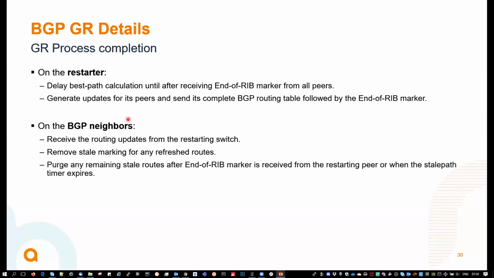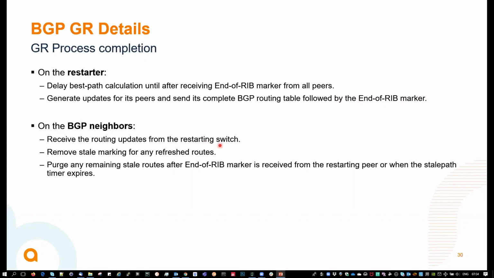So, process completion, we already discussed a bit of that. The restarter has to reestablish all the BGP sessions to all the neighbors it may have, and will delay the best path calculation for all the EVPN routes until after receiving an end of RIB marker from all the peers. It will also generate updates to its peers, which are the helpers, and send on its side a completion with an end of RIB marker.